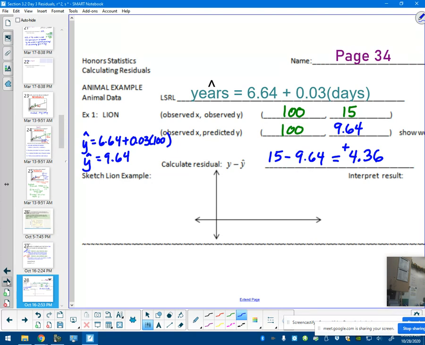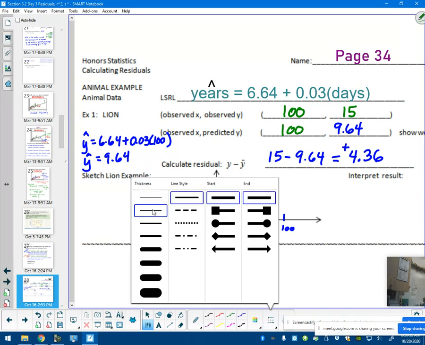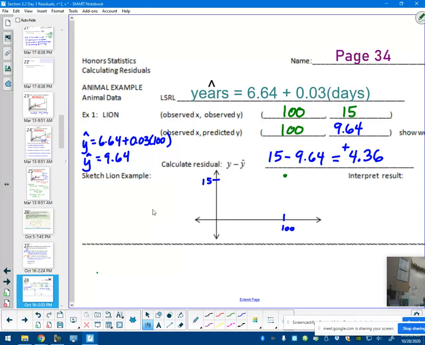The lion's life was over or under predicted by 4.36? Well, let me think. If it's a positive residual, that means we go over 100 and up to 15 was the observed dot. But the predicted dot was down here at 9 point something. I like to draw this on the scale first, because it helps. So this is x comma y up here, the 100 comma 15.